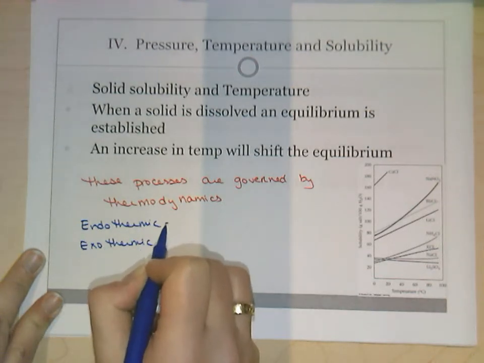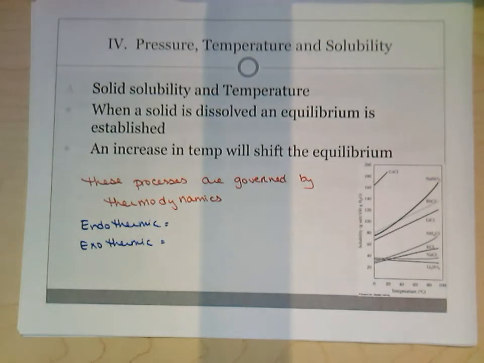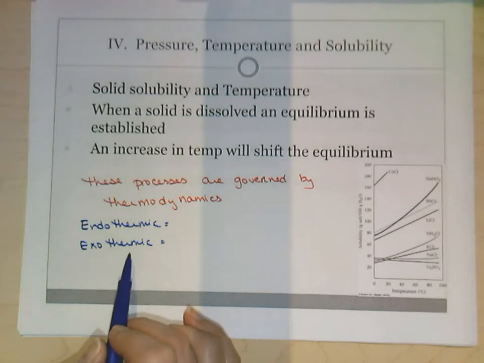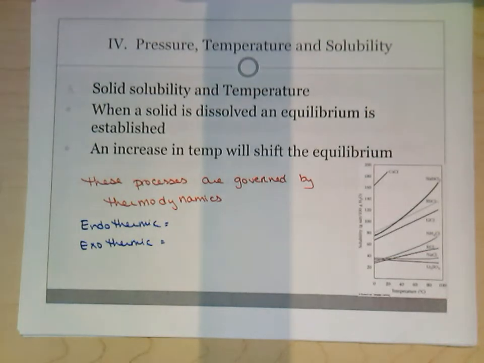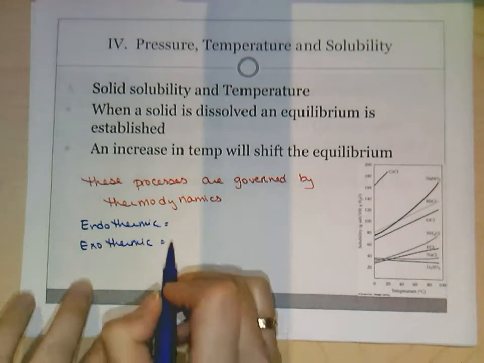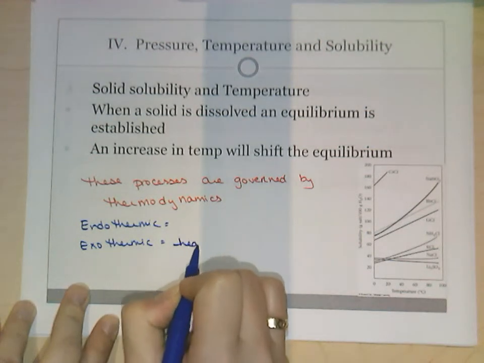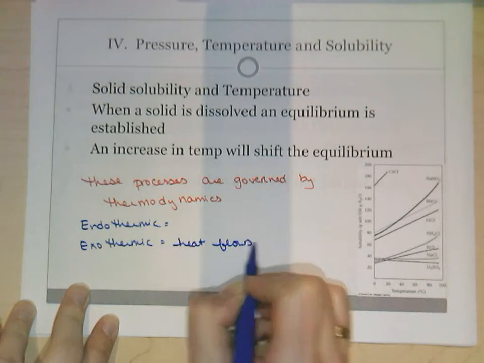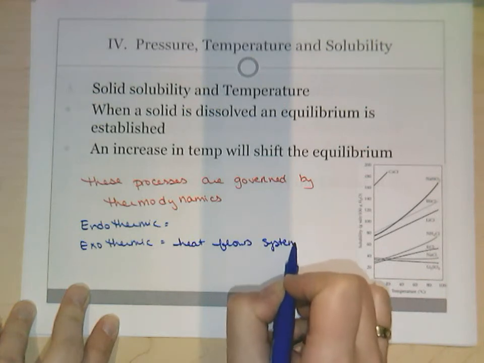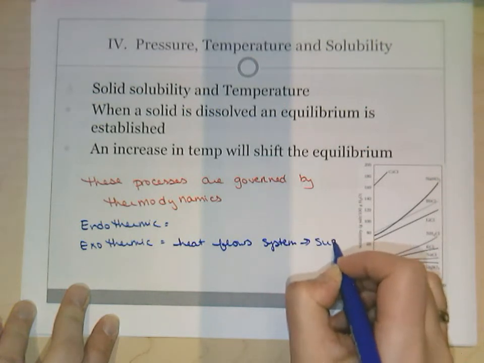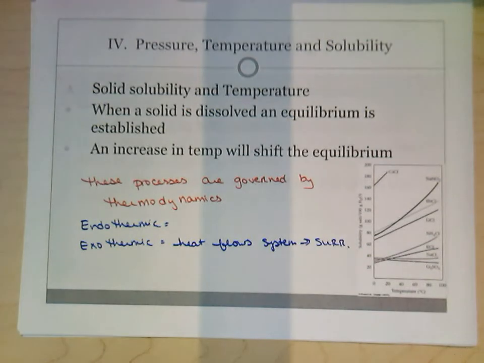all right, we have our two different ways that heat can flow. If it's exothermic, is it going out or is it coming into your system? Going out. So since there's only two options, the other one has to be the opposite.